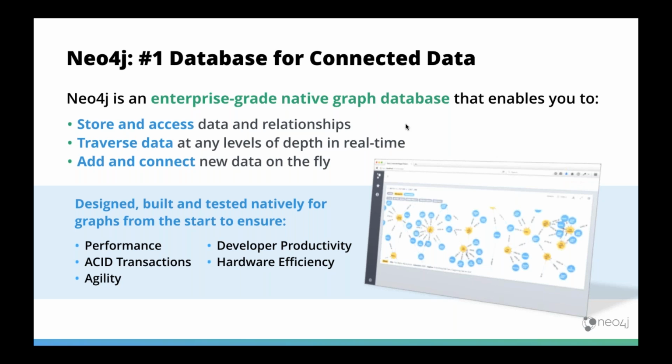It's designed from the start to help people ensure performance, with ACID transactions, and I have a little information on that later about the importance of vetted and guaranteed information. And as I talked about earlier, it's a much easier way to look at information, to draw it on the whiteboard, and that has a big impact on developers and solutions teams, allowing them to move quicker from whiteboard to code.